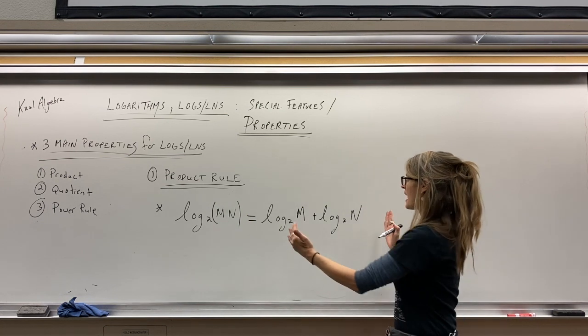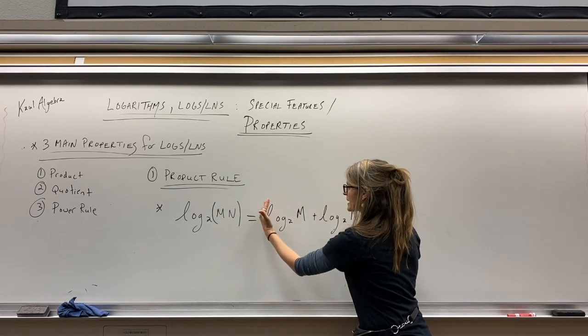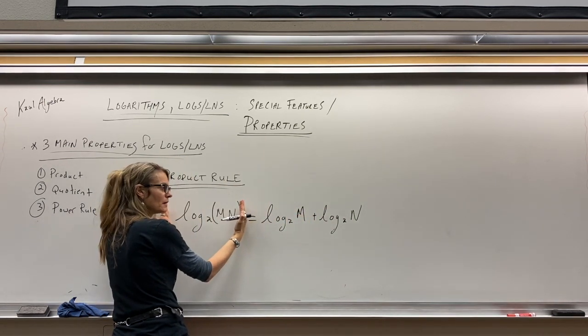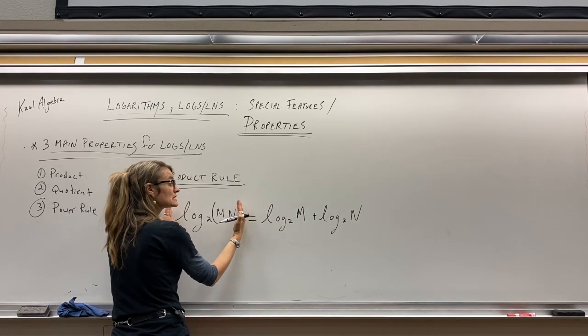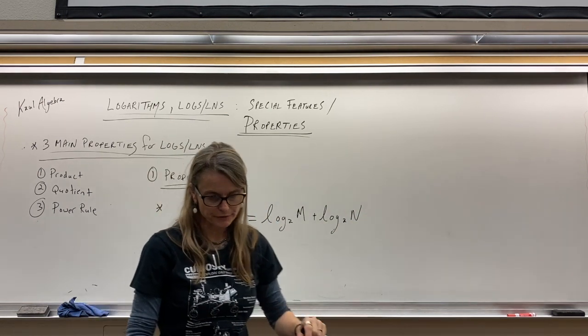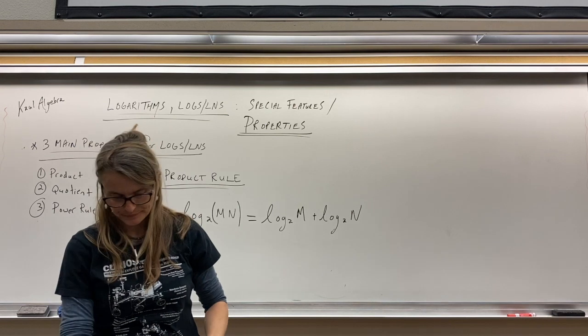This is how we would condense it or write as a single logarithm. We take these two logs and combine them into one log, or this is how we would expand a logarithm. That's our very first form here.